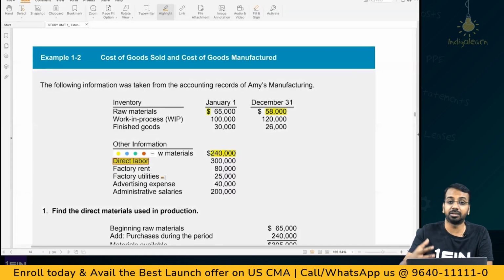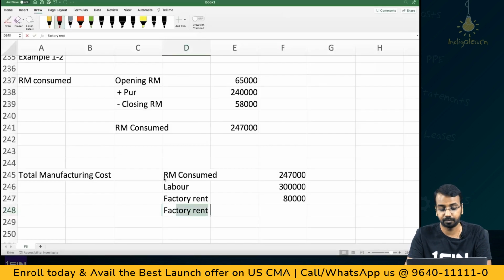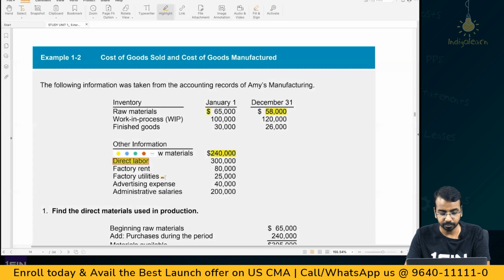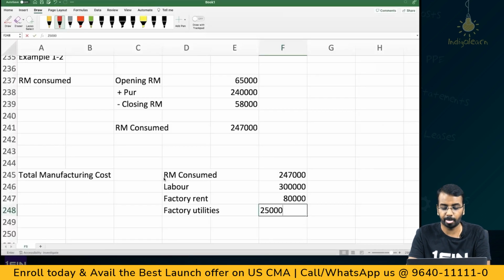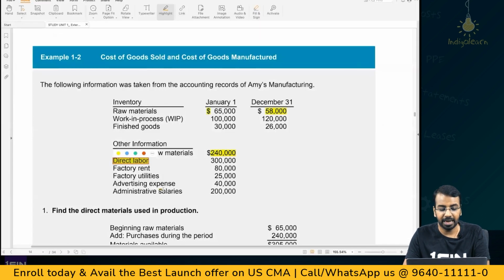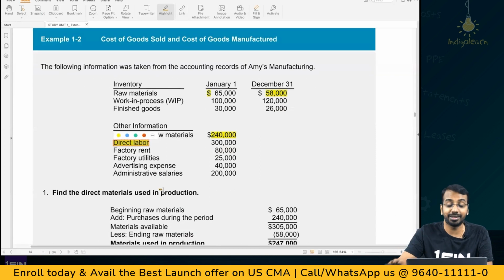Then factory utilities, electricity, water, etc. These are all overhead, 25,000. Advertising expense is not a manufacturing expense. These are expenses incurred after manufacturing the product, and administrative salaries are also not manufacturing expense, right?